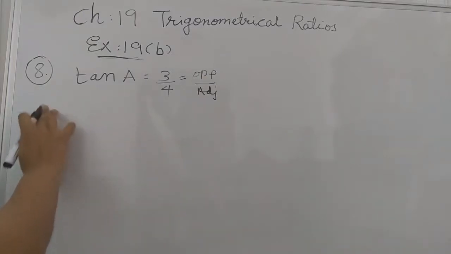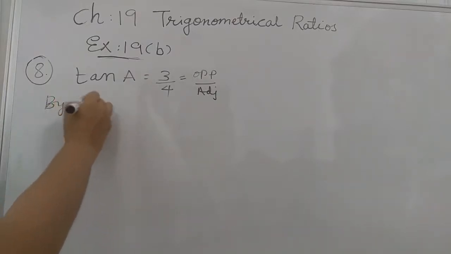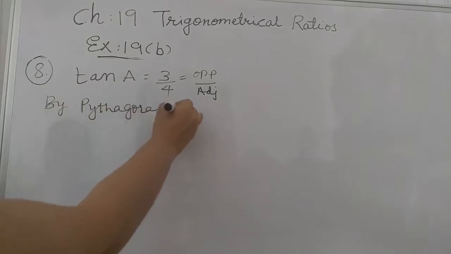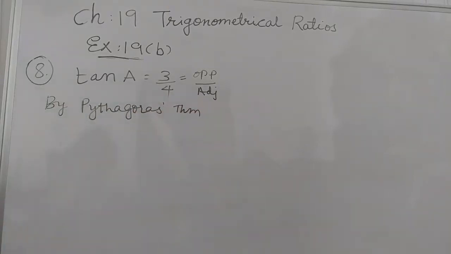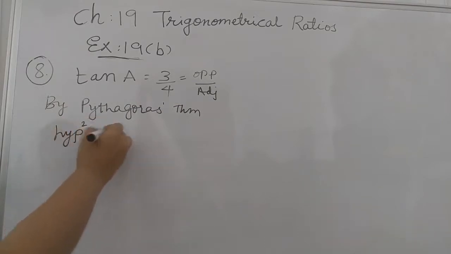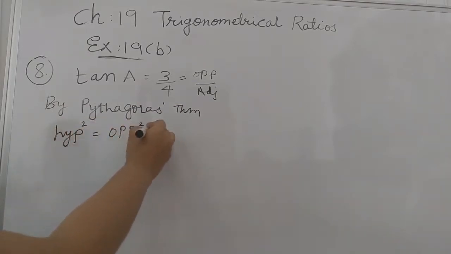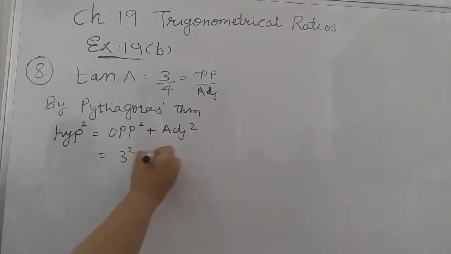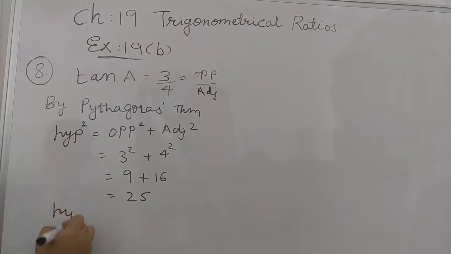According to Pythagoras theorem, hypotenuse square is equal to opposite side square plus adjacent side square. So this is 3 square plus 4 square, 9 plus 16 is equal to 25, and taking square root on both the sides we get hypotenuse is equal to 5.